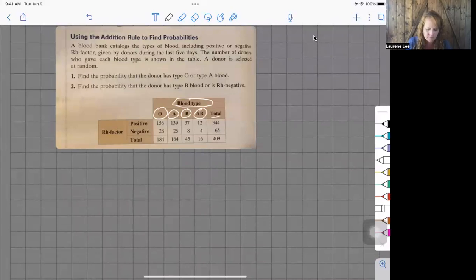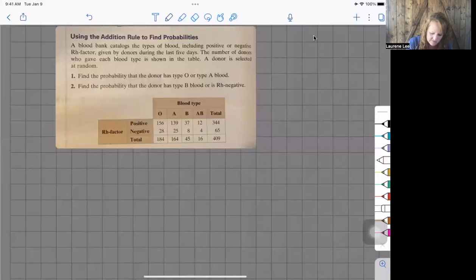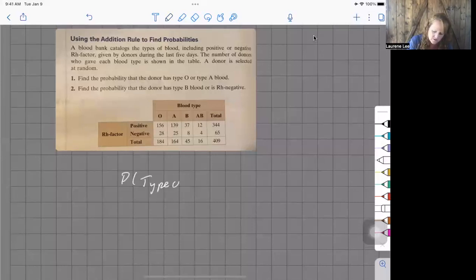And then your blood has something that is called an RH factor, and you either have it or you don't. So it's either positive or negative. And then this is how many of each of these there are. Okay, so let's find the probability that a certain blood that is chosen is either type O or type A.